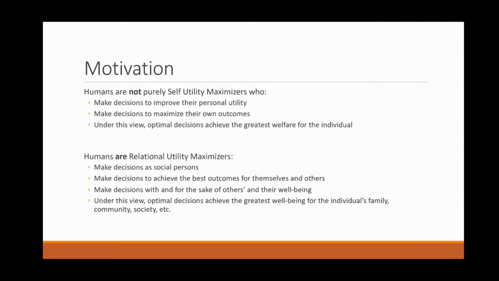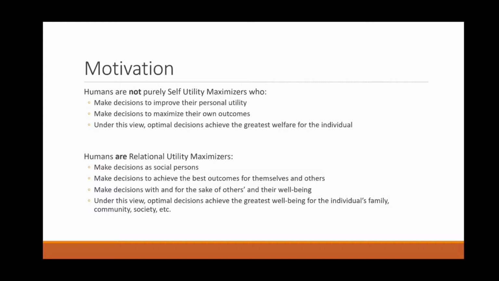Okay, so first, motivation. The first and most important motivation or underlying principle behind the integral approach is that when we use the integral approach, we acknowledge the reality that humans are not purely self-utility maximizers.